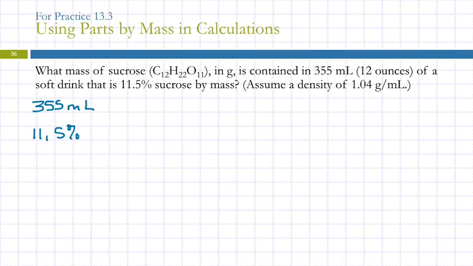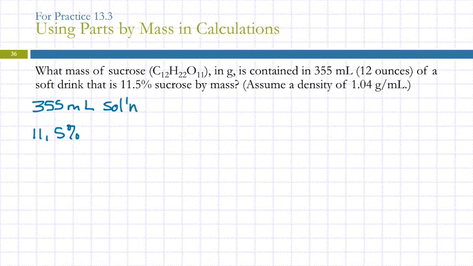So we've got a solution here, which means there's a solute and a solvent, and we could have volumes or masses of both of them. So we need to identify: 355 milliliters of what? Solution or sucrose? Solution. So it's 355 milliliters of the solution.